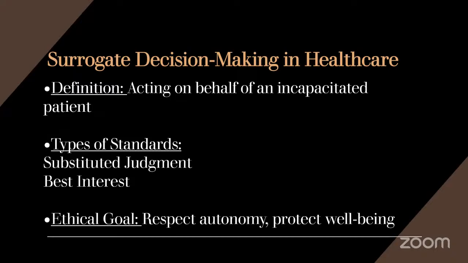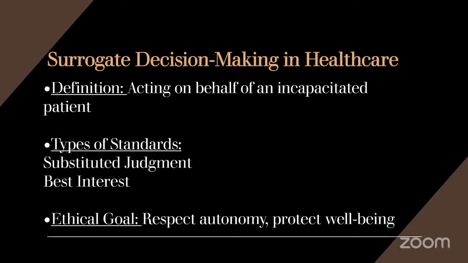The ethical goal in all of this is to respect the patient's autonomy as much as possible, while also protecting their well-being. Surrogates are not meant to impose their own values, but to either carry out the patient's known wishes, or if those are unknown, to act in the patient's best interest.